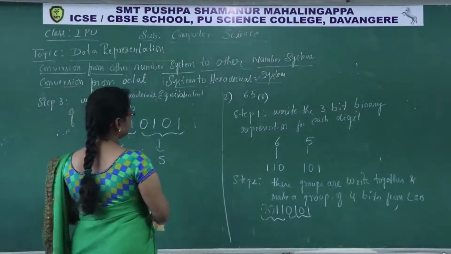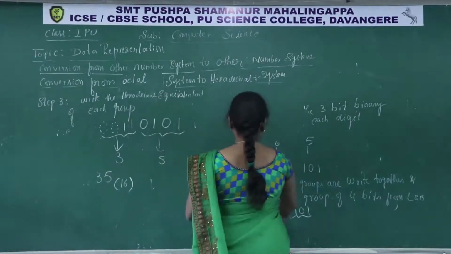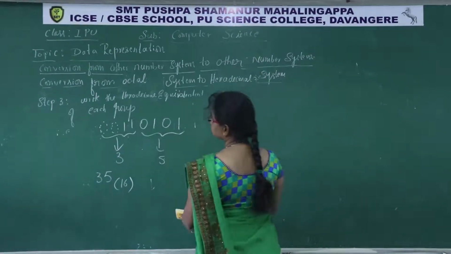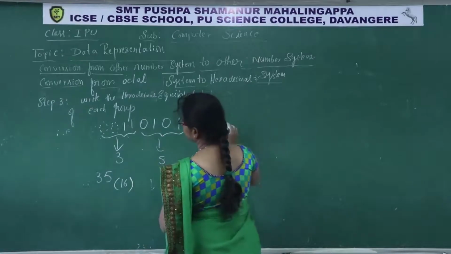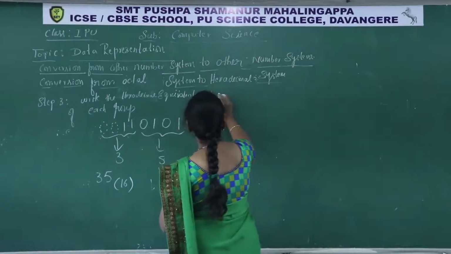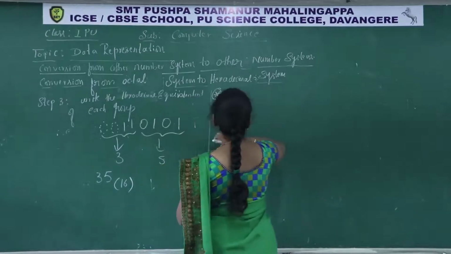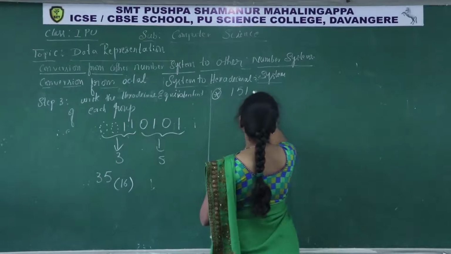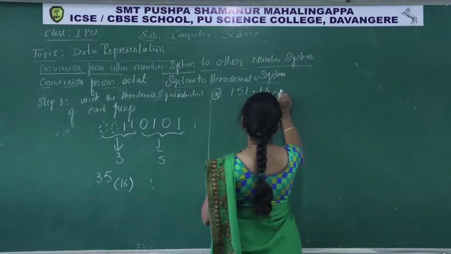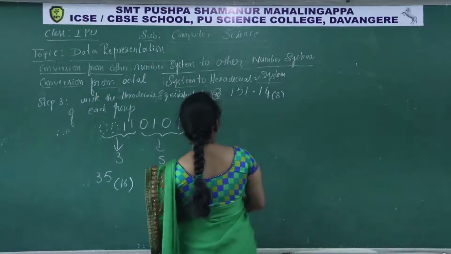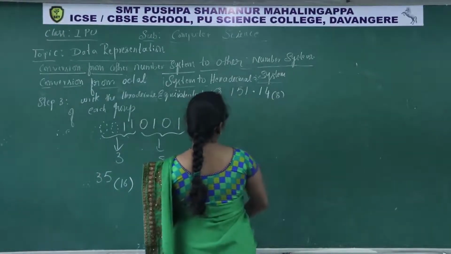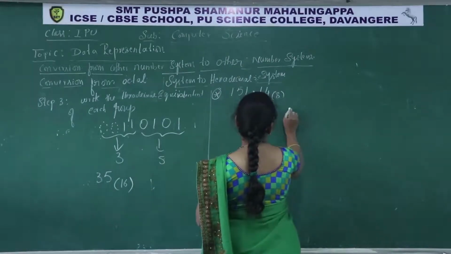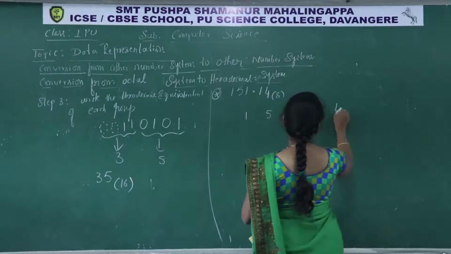Next question. 151.14 base 8. According to step 1, first we have to write the 3-bit binary representation for each digit. 151.14.